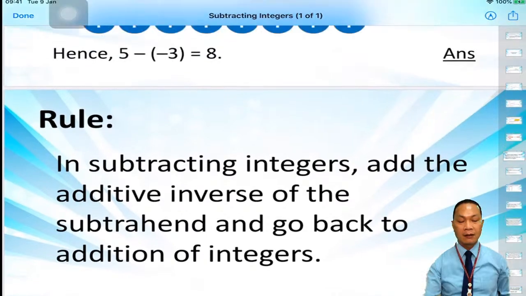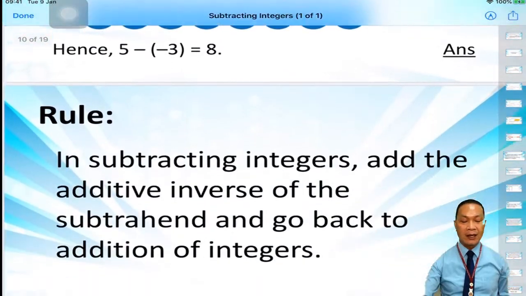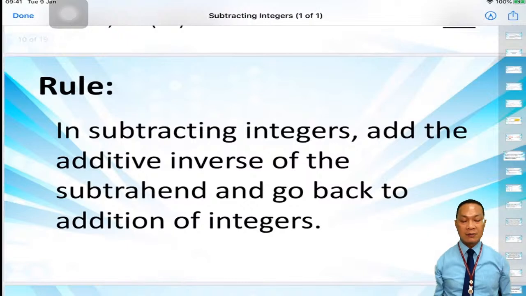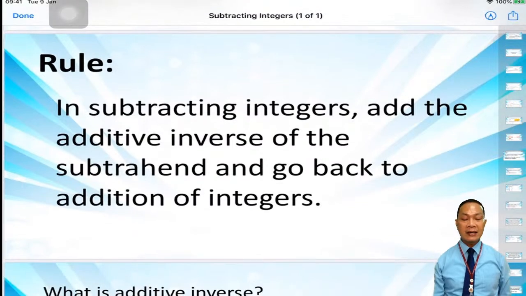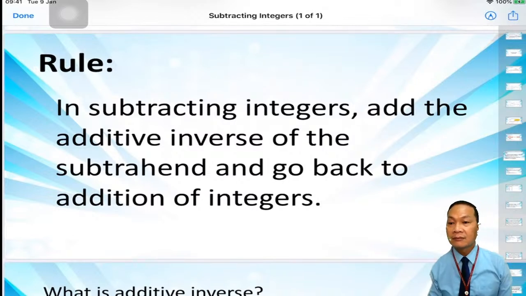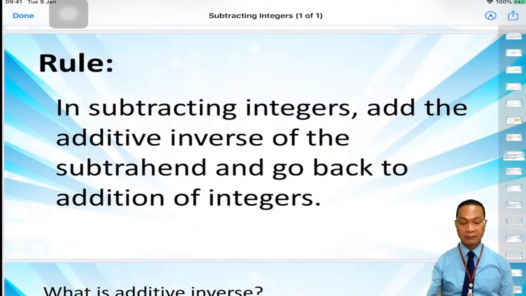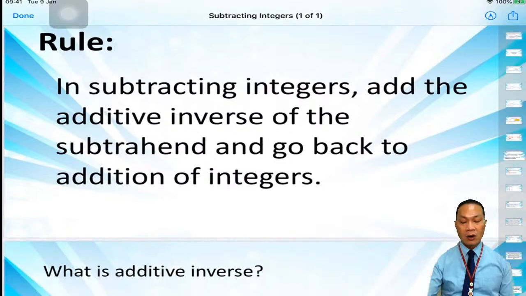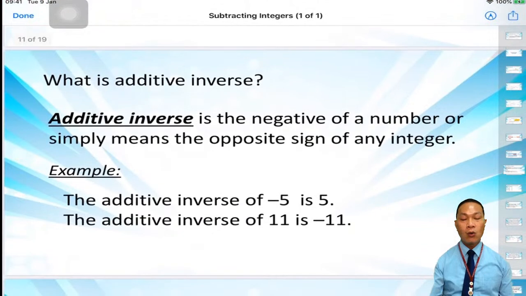We'll subtract integers now using the rule. In subtracting integers, we need to add the additive inverse of the subtrahend and go back to addition of integers. The question is, what is additive inverse?